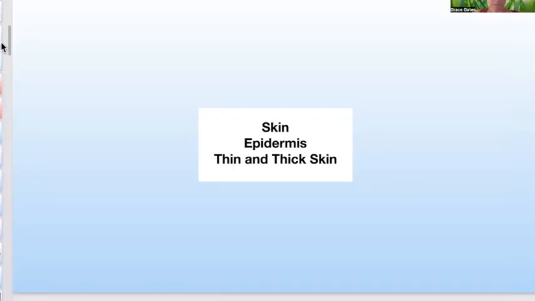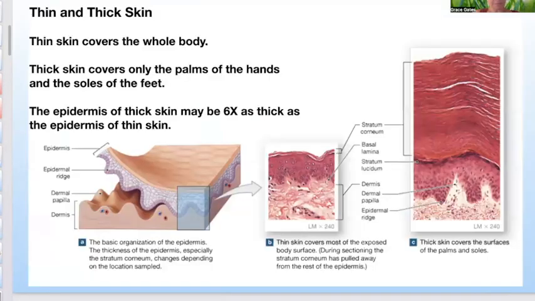Ordinarily, the stratum corneum on most parts of the body would not be that thick. So let me explain more about thin and thick skin. Thin skin covers the whole body, whereas thick skin only covers the palms of the hands and the soles of the feet. The epidermis of thick skin, because of the really thick layer of stratum corneum, may be 6 times as thick as the epidermis of thin skin. And here in this picture, we see thin skin with just a few layers of keratin on the top.